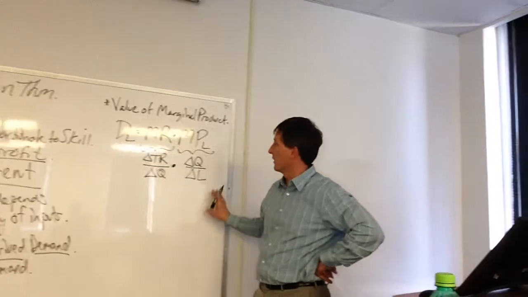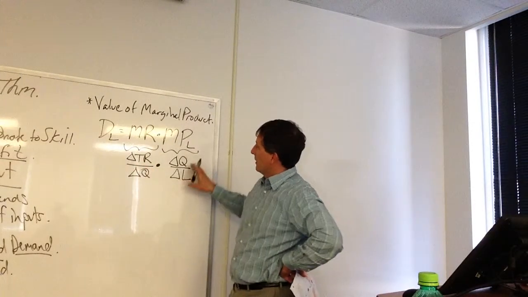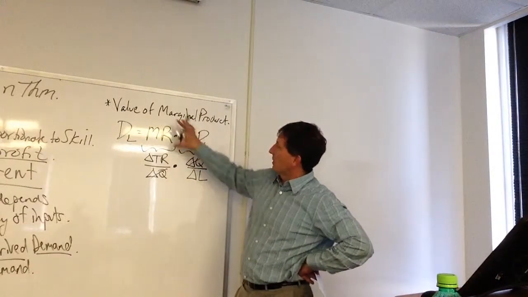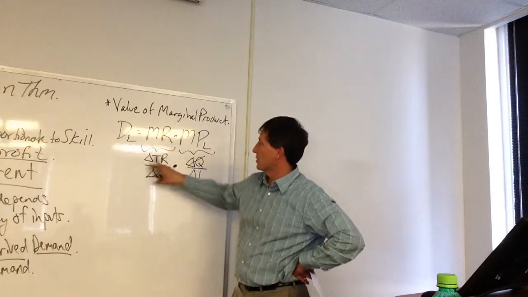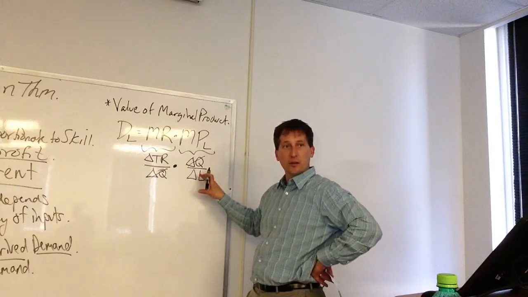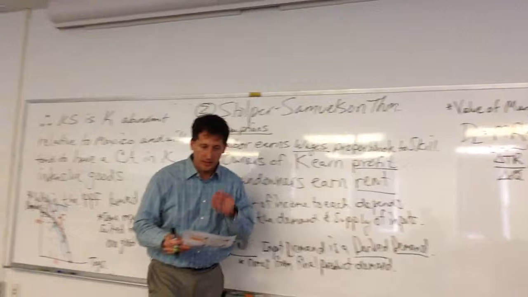And the same is true with other inputs. Now you can see it all tied together here, that the delta Q's cancel out. So how much I value somebody at my company comes down to the change in revenue that that person adds by bringing them aboard. That's the derived demand part that enters into this.